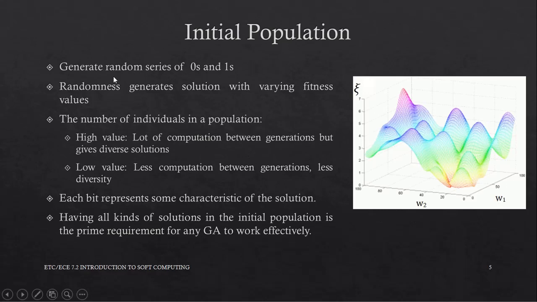We know the total length of the solution's genotype representation. The standard practice is to generate random series of zeros and ones to fill this length. This generates highly random solutions. Because of this random nature, all kinds of solutions are generated, some with high fitness value and some with poor fitness value.